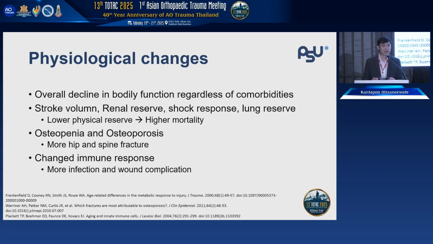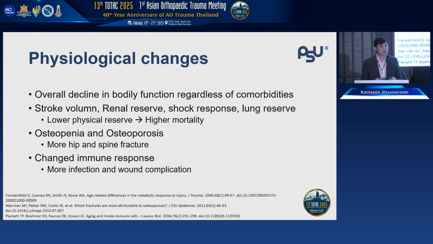So the overall decline in bodily function occurs regardless of whether they have comorbidity or not. The stroke volume, the renal reserve, the shock response, the catecholamine release after injury, and the lung reserve all decrease with age. These all lead to lower physical reserve, and so a higher rate of mortality regardless of comorbidities.